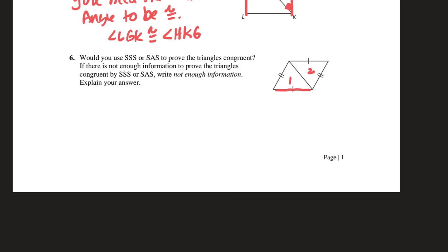This side is congruent to this side, which has one marking. And then we have this side, which has two markings, and this side that has two markings; these opposite sides are congruent. So they do share a middle side. So triangle 1 and triangle 2 are congruent because of the side, side, side postulate, which means that the corresponding sides are congruent.